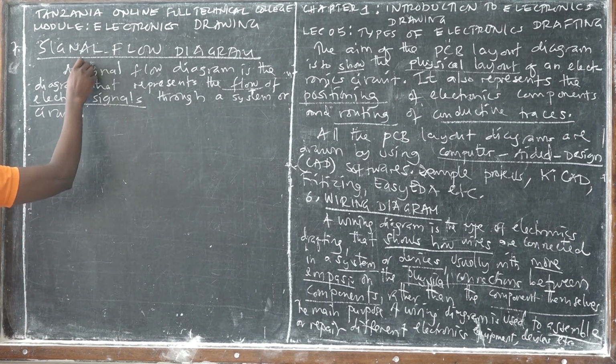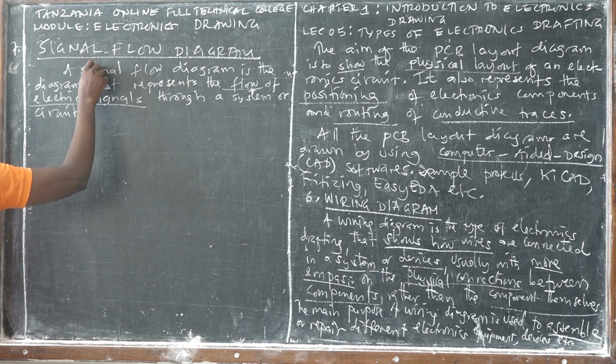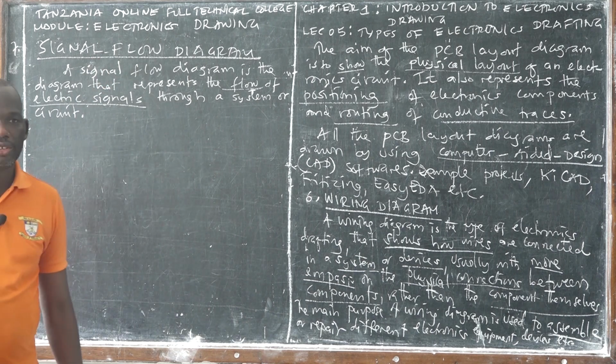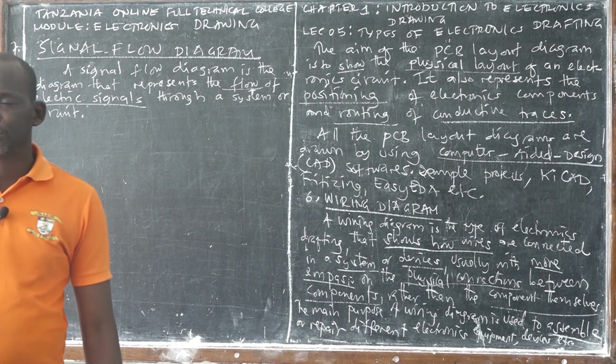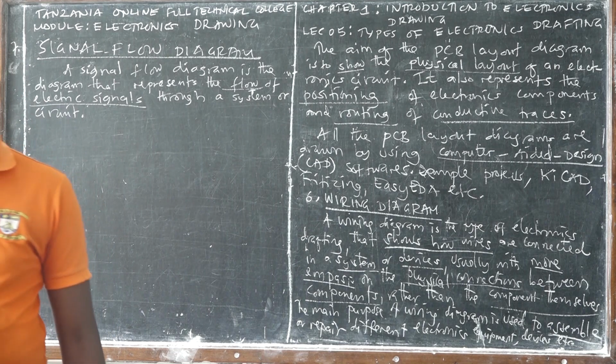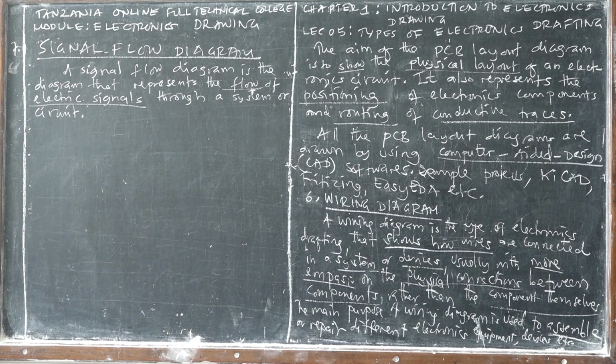When you talk about signal flow, it does not focus on the physical structure. It talks about the concept, how the signal will be flowing from one electronics component to another electronics component.